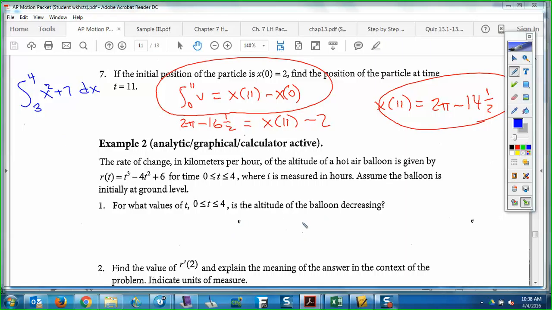But what we never want to forget is that fundamental theorem part 2 is this, right? Whatever that function is. And so if we can find this area some other way and have to find one of these missing pieces, that's a great way to set up a problem right here. If we have an x prime and we have a starting point, which means one of these, but we can find the other one, it's another great way to use fundamental theorem part 2.